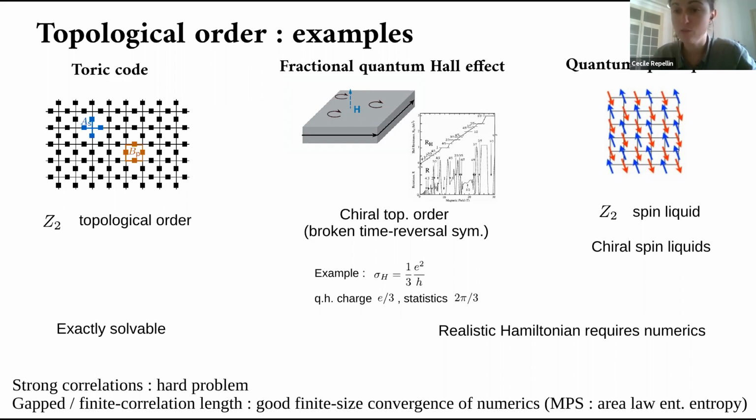This provides a good finite size convergence because it's sometimes possible to reach system sizes that are a few times larger than the correlation lengths. And within the DMRG context, you know that what's very important is to have an entanglement entropy that doesn't grow too fast. And because we are in the case of a gapped phase, there is an area law. So it doesn't grow as widely as a volume law in this case.